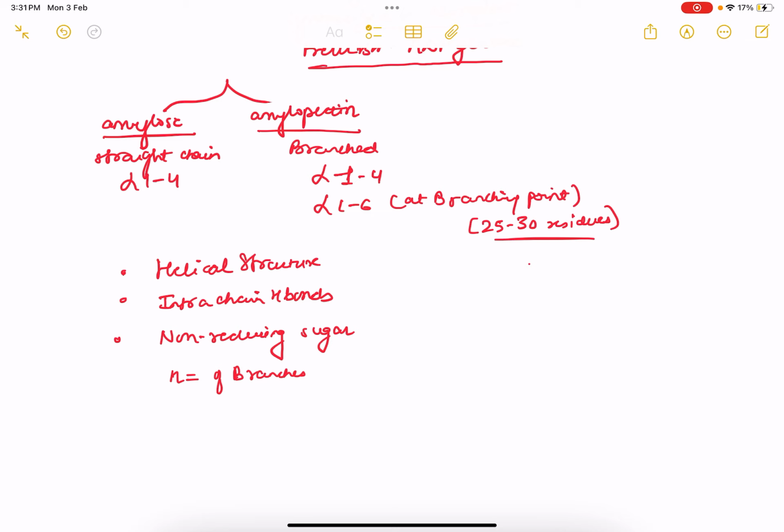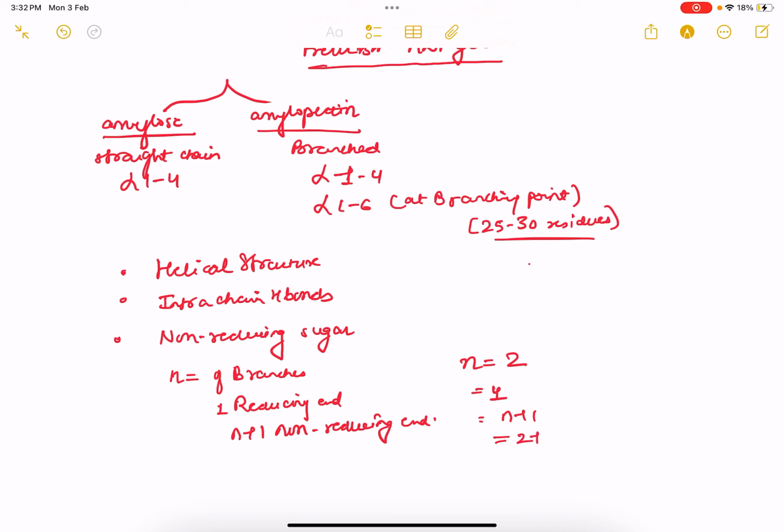There will be only one reducing end and n plus 1 non-reducing ends. Suppose the number of branches is 2, that means n is equal to 2. So how many reducing ends are there? There will be one reducing end and n plus 1, that means 2 plus 1, 3 non-reducing ends. So this was the structure of starch.